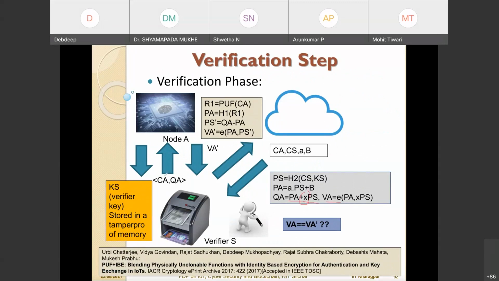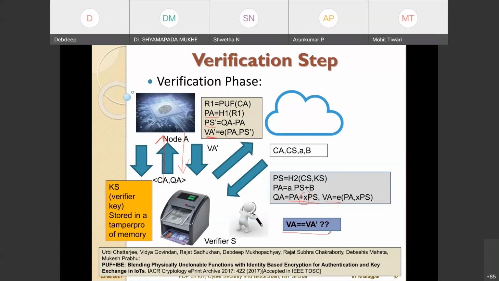So it sends this challenge to the node, and the node can respond to it, because since it has got access to the PUF, it can compute the value of PA directly by applying the hash function on the output of the PUF, and then it can obtain this PS dash which is needed to compute this parameter called VA dash. The idea of this VA dash is nothing but a response to the challenge that has been provided to this node. Once this response comes back, the verifier checks whether this is correct, and if it is so, then the node is allowed access.